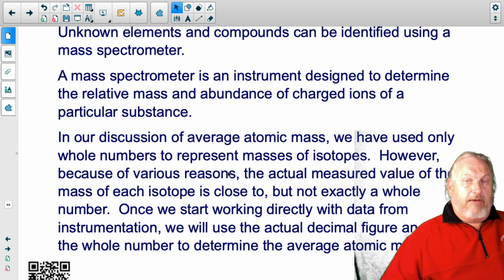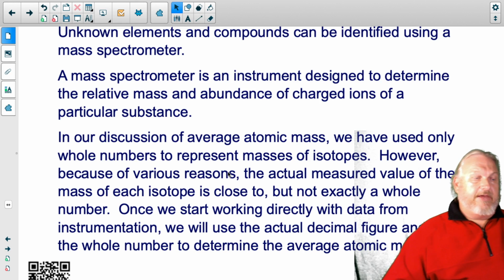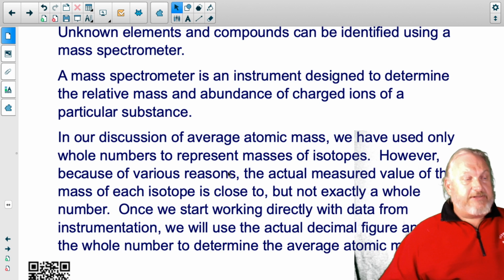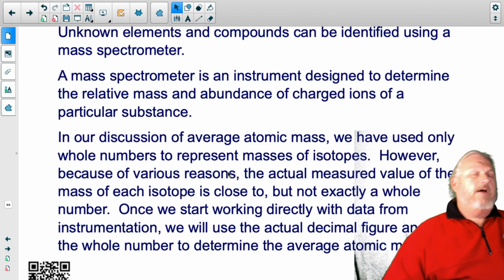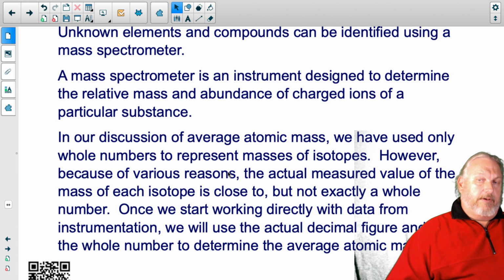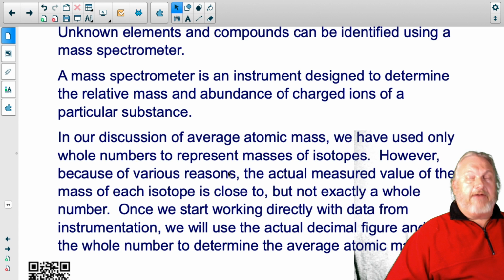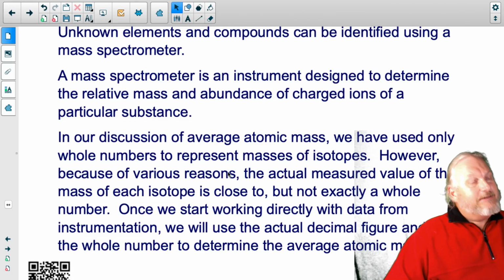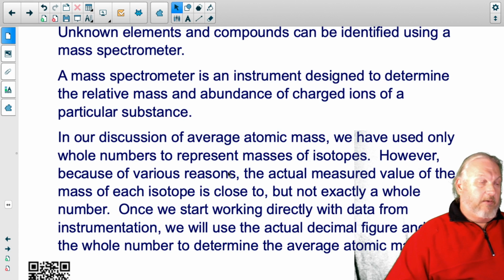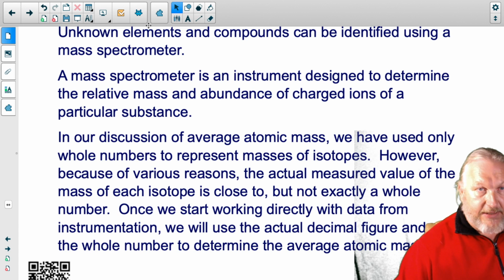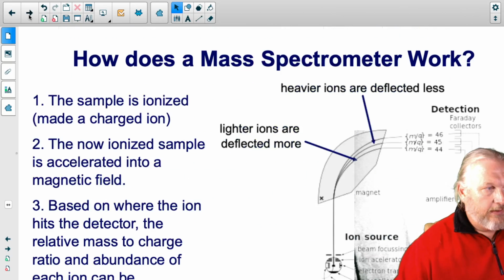However, the actual measured value of the mass of each isotope is close to, but not exactly, a whole number. Once we start working directly with data from instrumentation, we're going to use decimal figures and not whole numbers to determine the average atomic mass. There's precision in how we measure things.